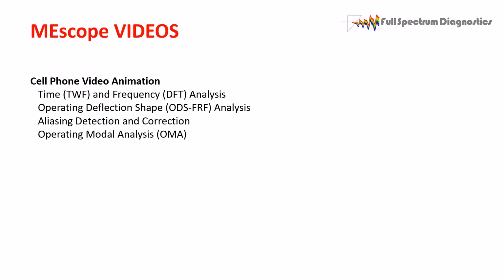I'm going to talk about cell phone video animation in the time and the frequency domain, as well as operating deflection shape analysis. The time waveform is simultaneously all phases and all amplitudes and frequencies showing up at the same time.